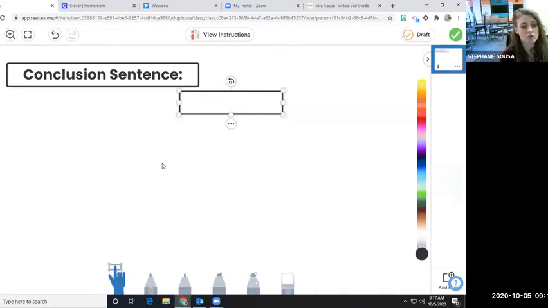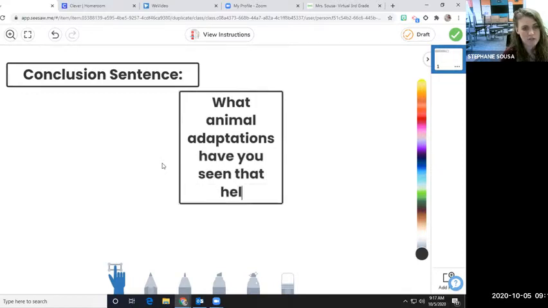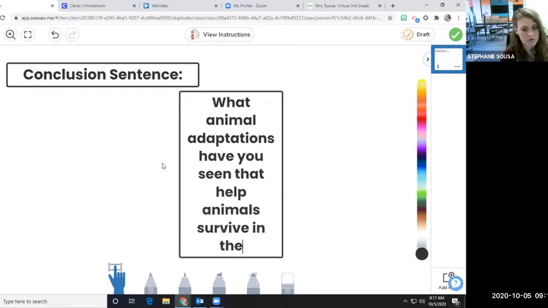So I'm going to choose to ask a question. What animal adaptations have you seen that help animals survive in their environments?